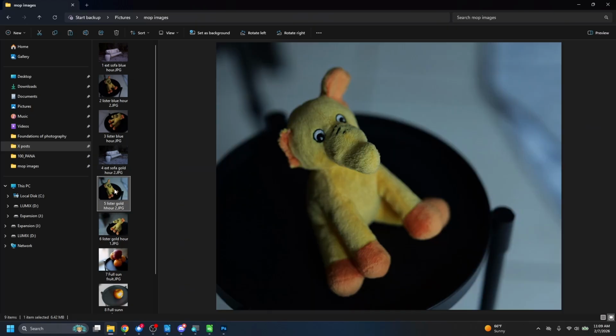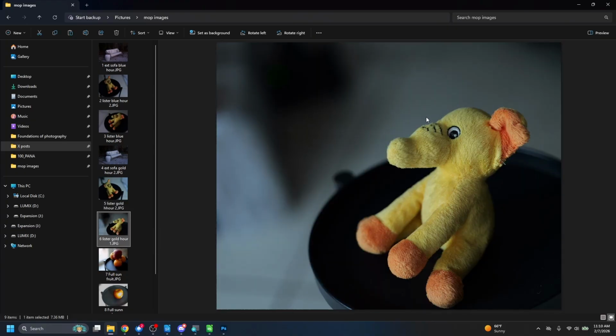And then we go back inside and shoot Lister, and he definitely has more light on him. But other than that, there's not a huge amount of difference. Here's another angle. Again, this is gold hour, using the slider as a softbox here. So, nice, well-exposed image.